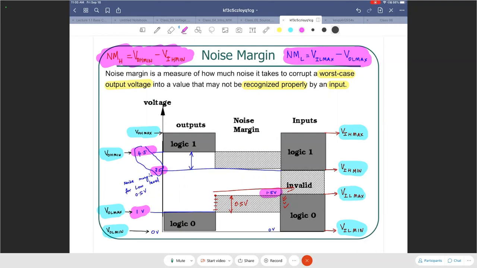So we want our circuits to be more tolerant to noise than less tolerant to noise. But if we just talk about noise, we want less noise. So low is the right answer for noise. High is the right answer for noise margin, right? If we have a higher noise margin, then we have a higher tolerance to noise.